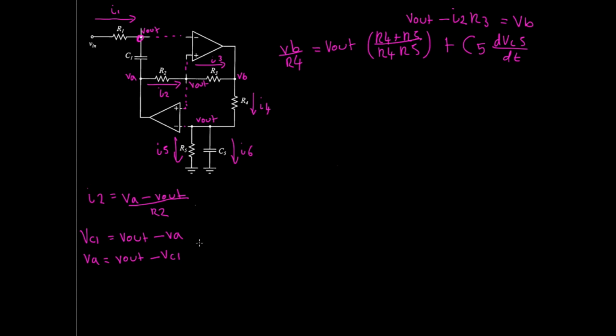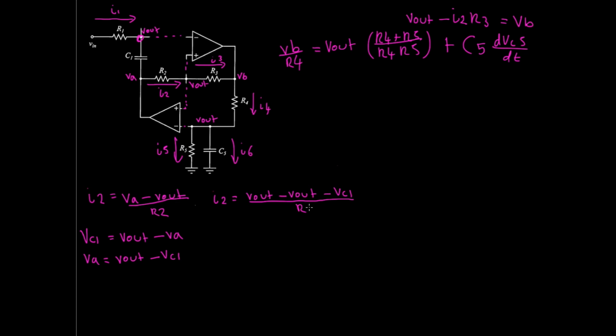And this is neat because we know all these things at this point. So while we don't have a value for VC1, we'll be able to work that out pretty quickly. So we're just substituting in this value for VA into I2, so the two V outs will cancel.